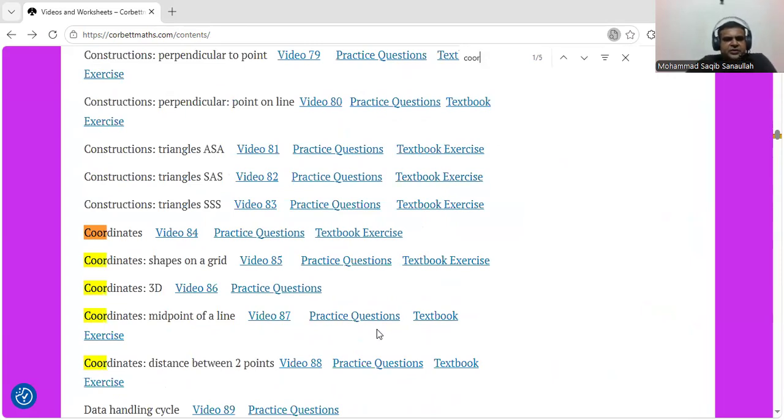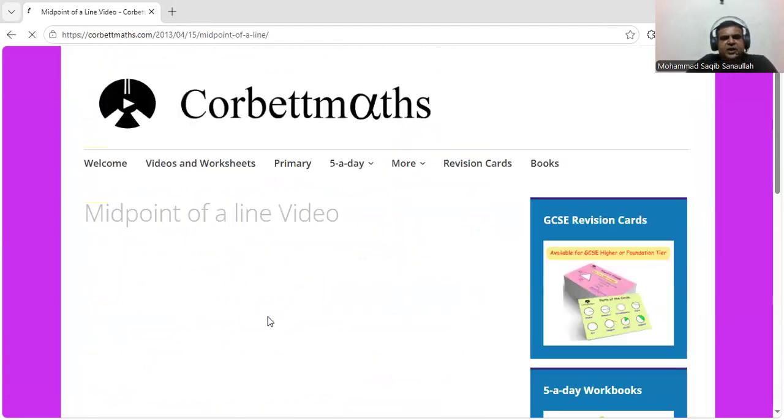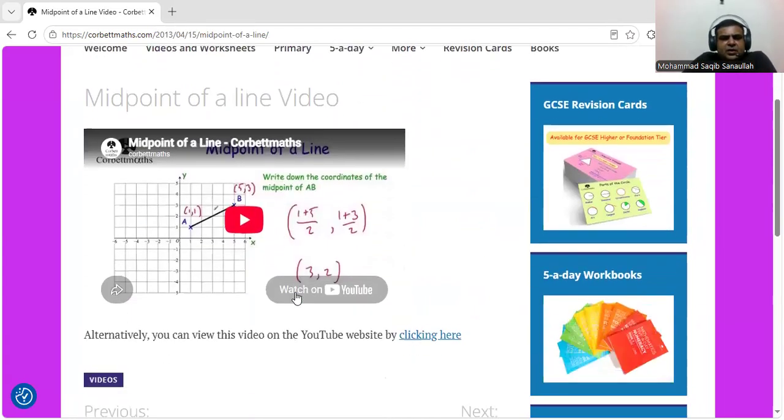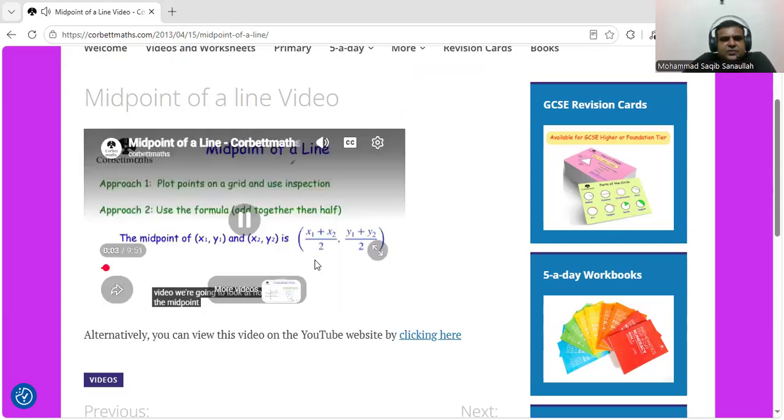There you go. Coordinates. Coordinate midpoint of a line. Distance between 2 points. So let us look at maybe we can have midpoint of a line. Okay. So this is a good example. So just showing you the example.